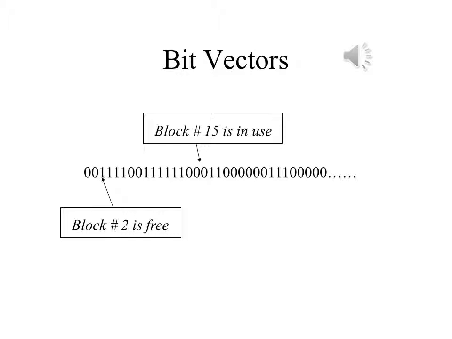Determining whether a block is in use means counting up to bit number n to determine if block n is available. This can generally be done quickly. All we need to do is find the first non-zero word or byte.